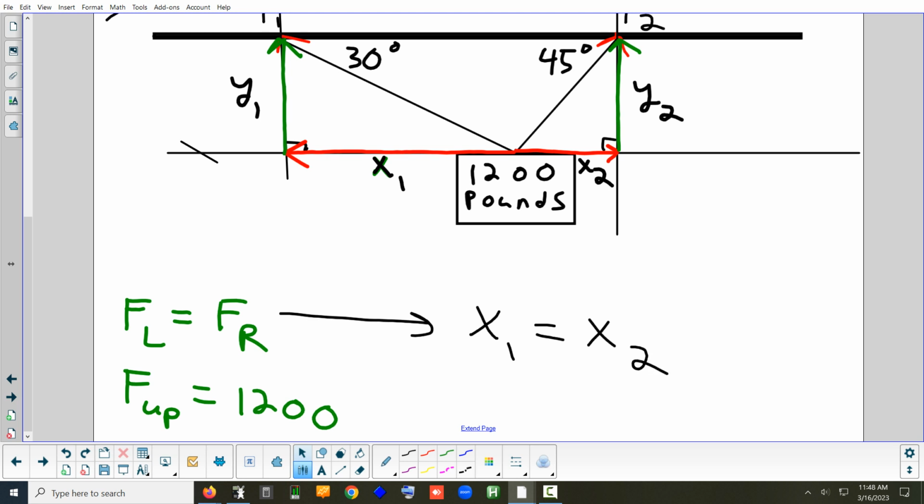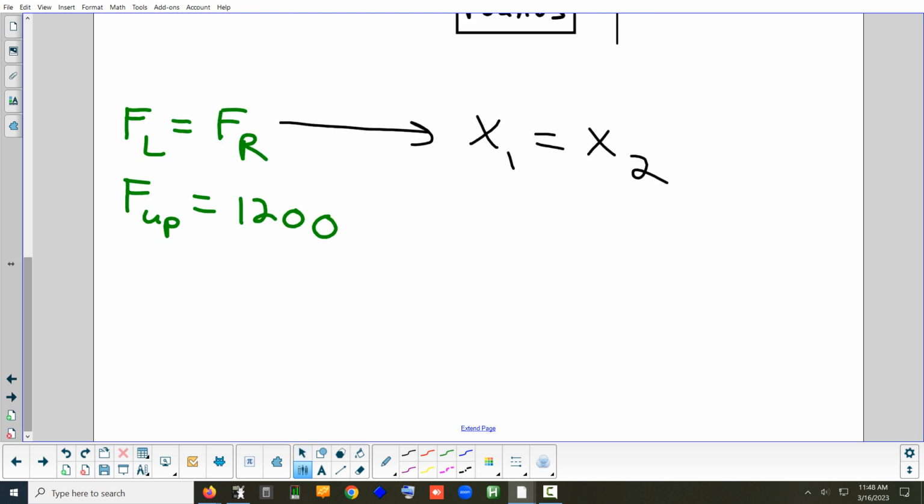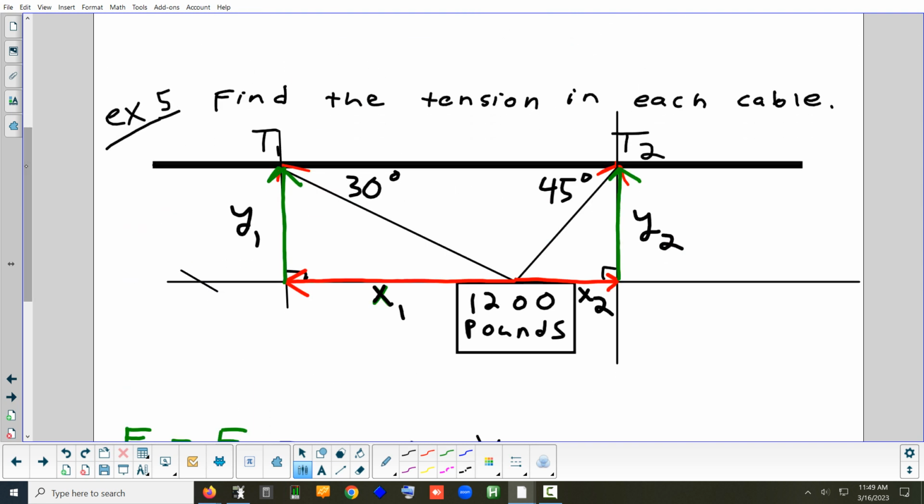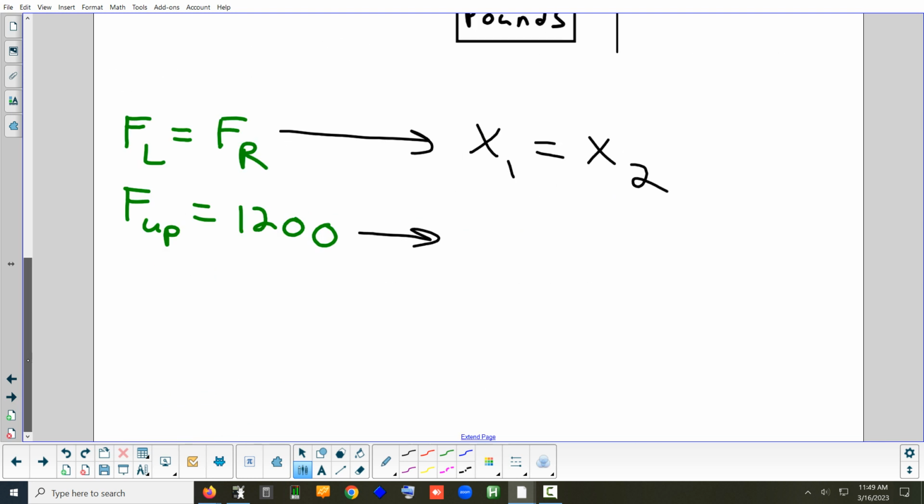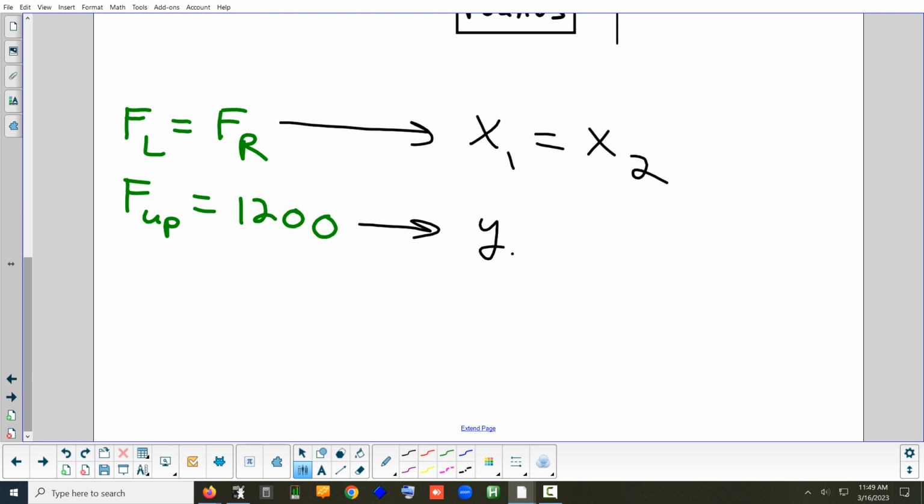X2. And then this one, force up equals 1200. Okay. What are the up forces? Yeah? Y1 plus Y2, because they're working together. That's why you add them. That's an upward force, and that's an upward force. So Y1 plus Y2. And we know that those 2 upward forces working together are supporting a total of 1,200 pounds.